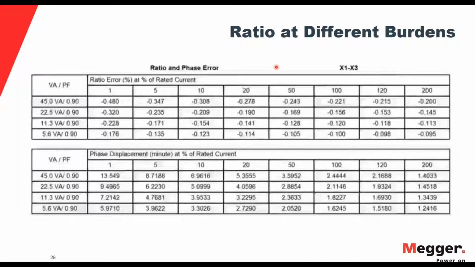And not only that, you can also check with different burdens. Some people use a burden box to change the burden, but really you can do that through modeling of that ratio at a certain value and then calculating the other values as well. And not only the ratio, but also the phase error.